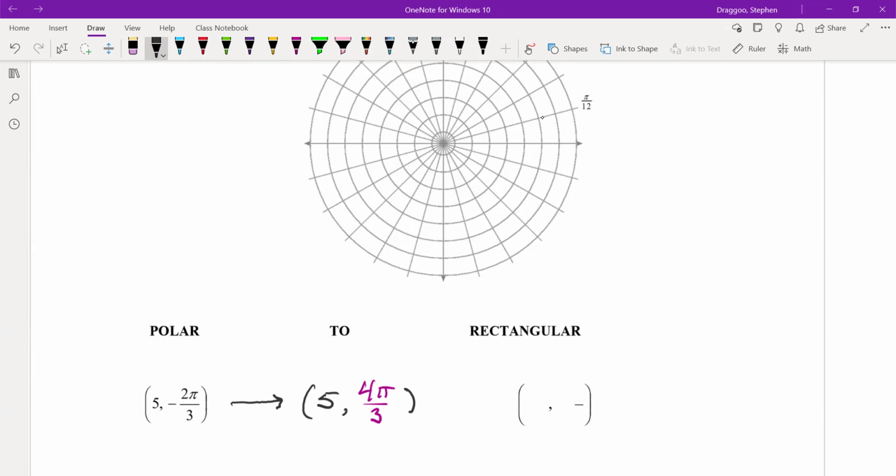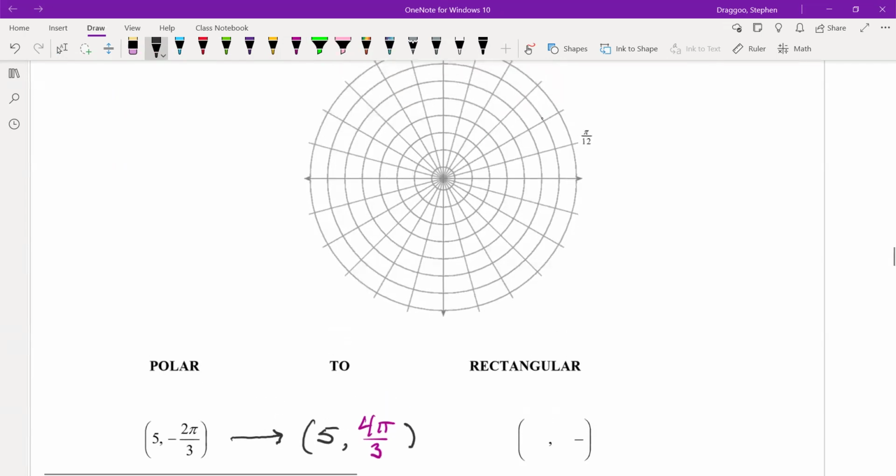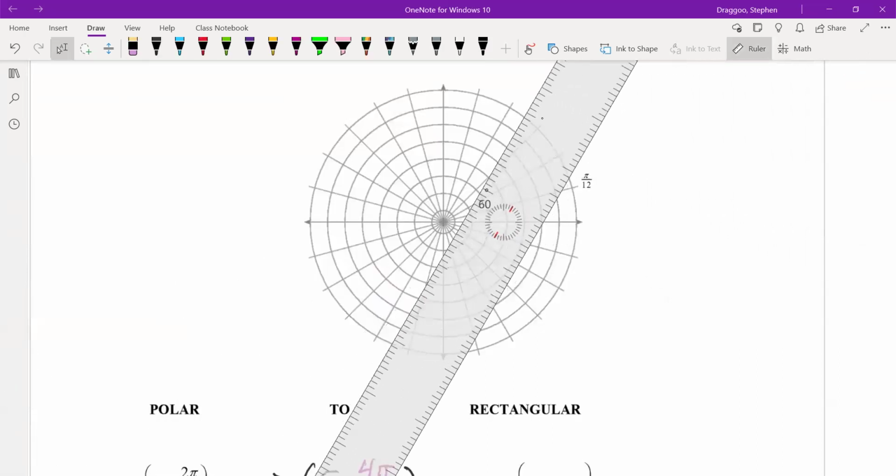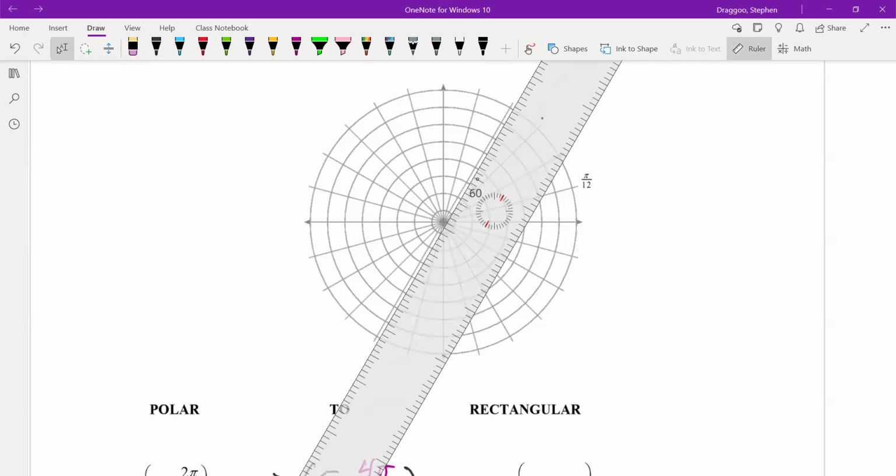So if I'm trying to plot this point on a polar graph, I want to adjust this to 4 pi over 3, which is going to be this line right here.